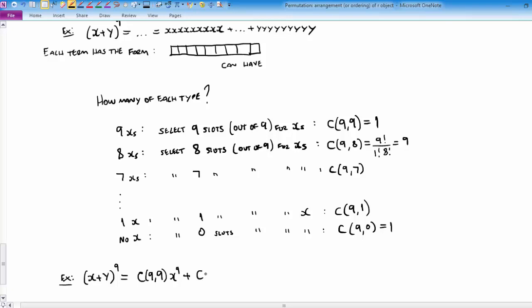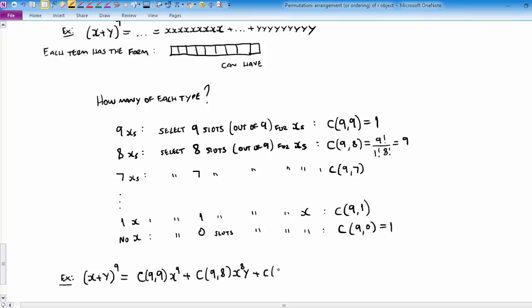And we'll have C(9,8) terms with 8 x's. Now, if the term has 8 x's, that means it should have 1 y, right? Remember, each term has 9 slots. If 8 of them are filled with x's, then 1 is filled with a y. And how many are there for that one? Well, there's C(9,8) of them.